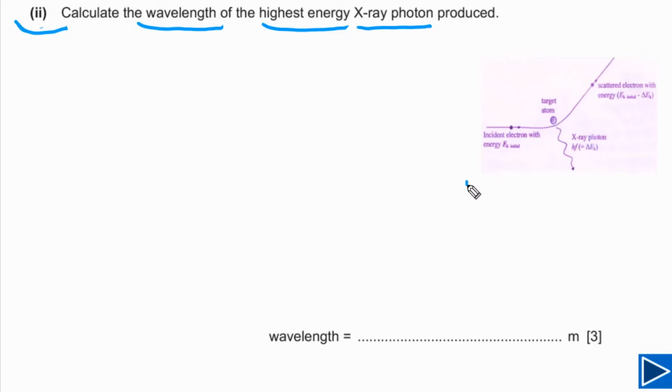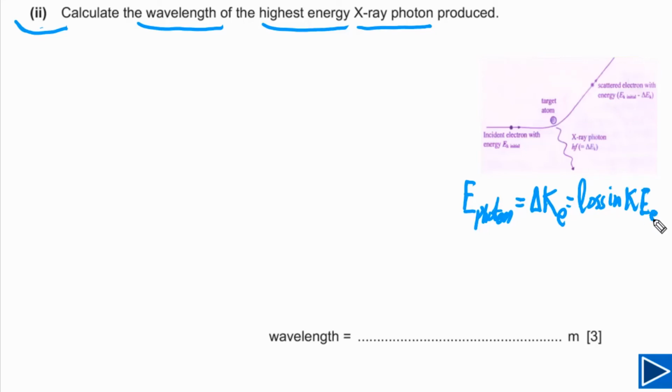So let's understand the energy of a single photon again. The energy of a photon produced is equal to the change in kinetic energy of the electron, or the loss in kinetic energy of the electron.